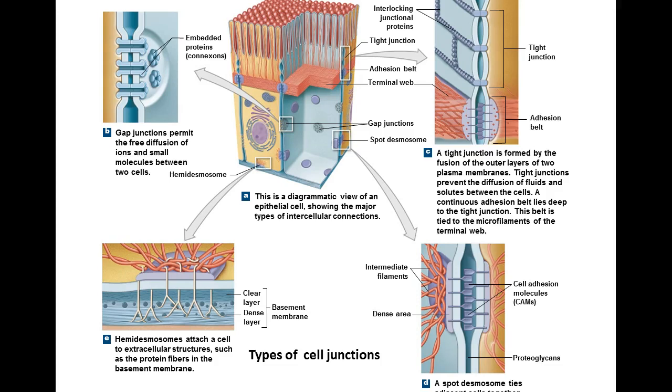The first type of junction is called a gap junction, and this is the one where you have the connections, and these are considered connexons, with the X in it. Same word pronunciation, but different spelling, different concept. What you have embedded in the lateral surface are proteins that create a tube.